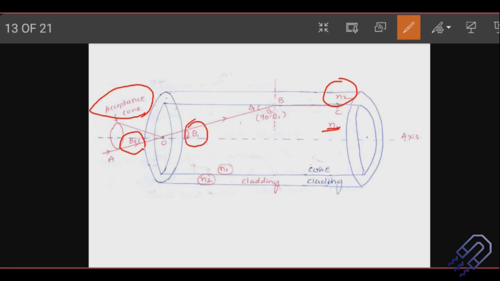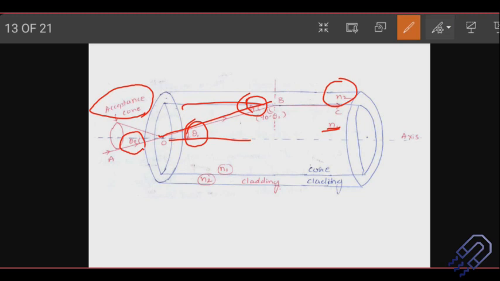This is one interface we are talking about here. The other part is that at this particular point it will also be incident at an angle theta 1, because this line and this line are parallel to each other. This is a transversal, so these angles will be more or less equal.